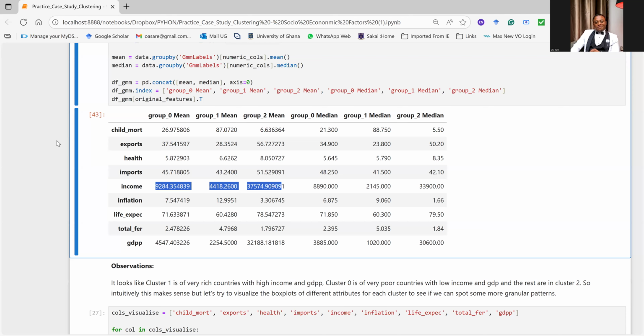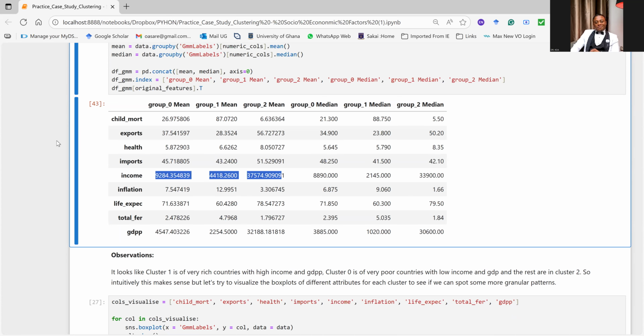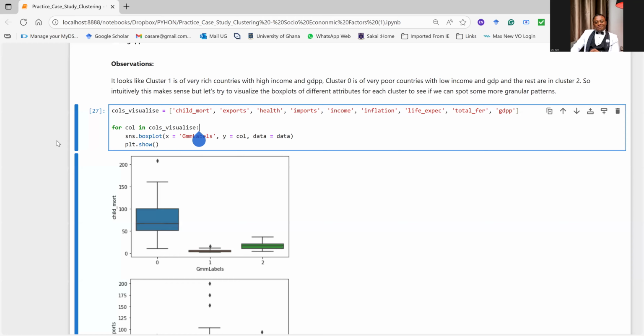Okay, but let's try to visualize a box plot of different attributes and see once again. Remember, this is the Gaussian approach. Everything is what is done at the top. The next ones are just the repetition of the same thing. So we take this one and run it for each one.